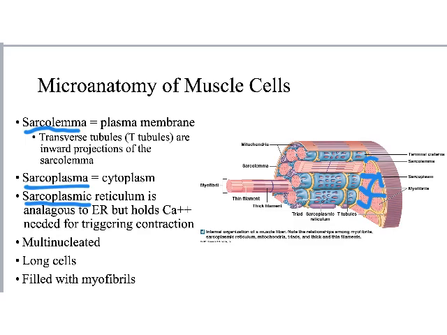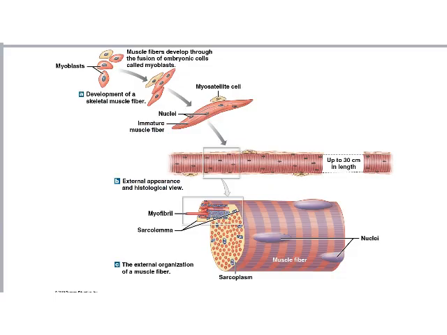Remember that they're multinucleated, they're long cells, and they're filled with myofibrils. We've already discussed that. All right, so if we look at how a muscle fiber is formed and how it got to be so long and have so many nuclei, we can look developmentally and see that you had individual myoblasts, or immature muscle cells, that were trying to form muscle cells.